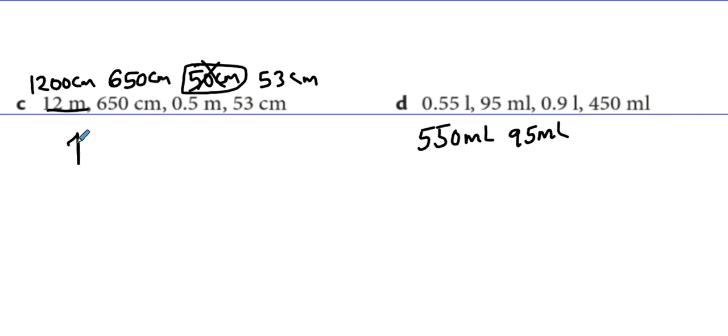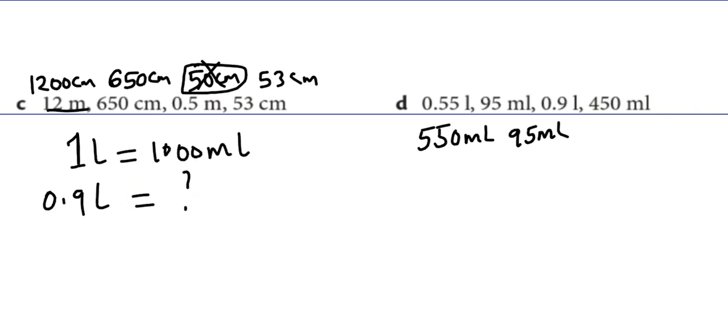We know that 1 liter equals 1000 milliliters. So how about 0.9 liter? This will be equal to what? You do the same thing, you cross multiply. This will be 0.9 times 1000, and this will be 9 times 1000, 9000.